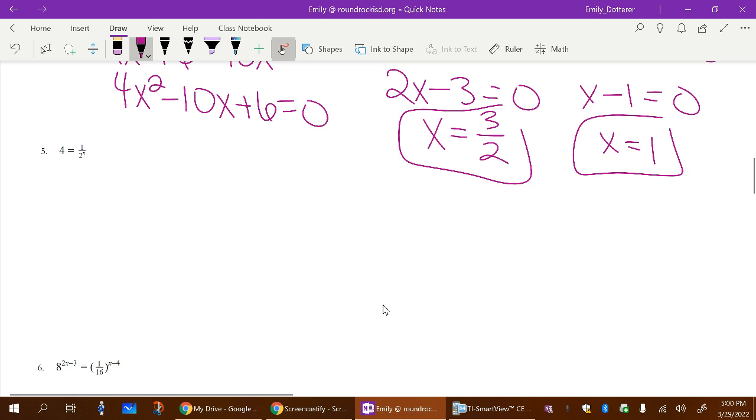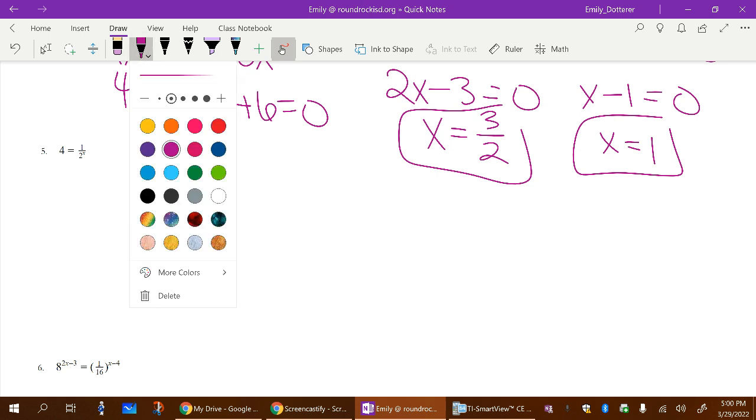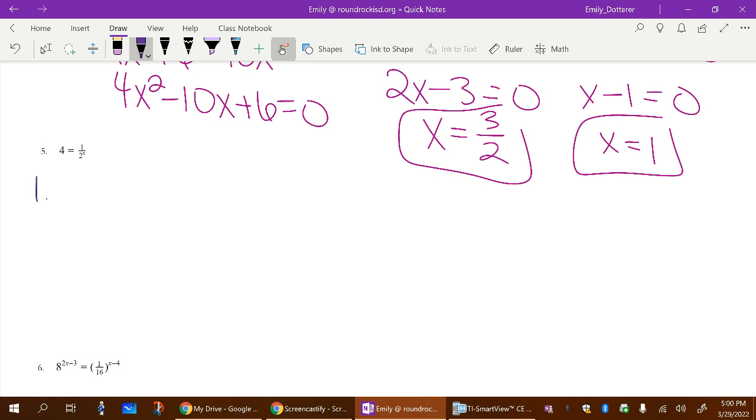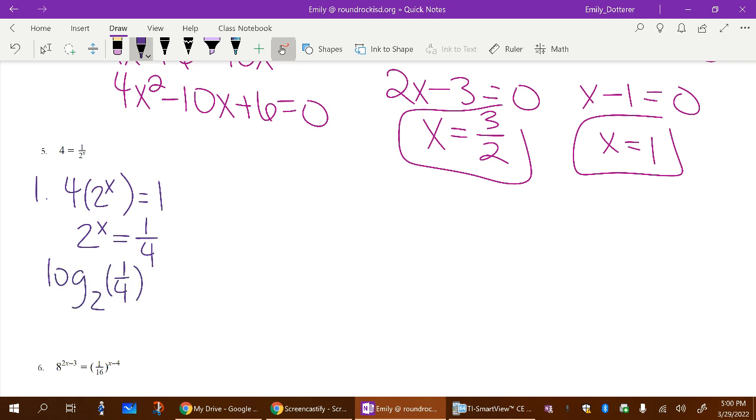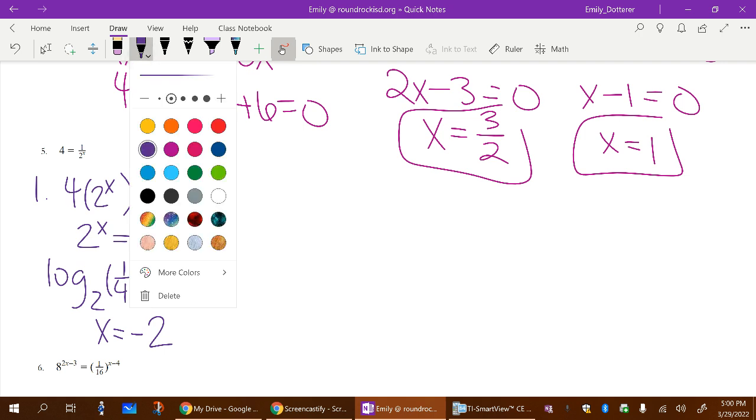For number 5, there's 2 ways we can go about solving it. Both ways are completely valid. So one way that we can do this is by multiplying both sides by 2 to the x. Then we can divide by 4, convert it to a log. And we'll get -2.